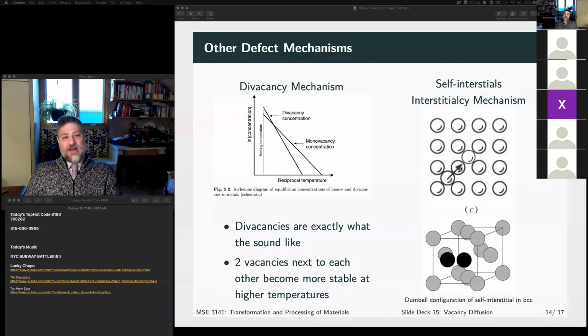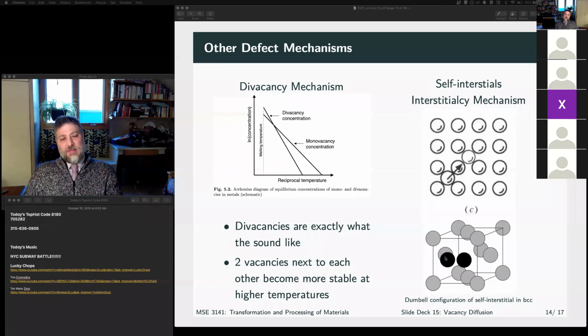Then we also have an interesting mechanism in metals, which is sometimes called the interstitialcy mechanism or self-interstitials. So this is where an atom jumps off its lattice site into an interstitial site. And you tend to get this dumbbell configuration, right?